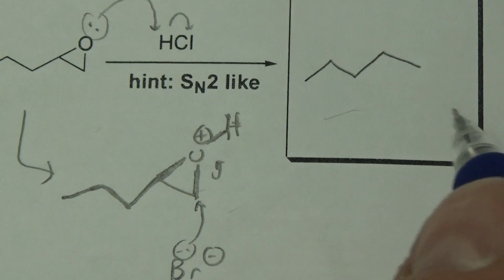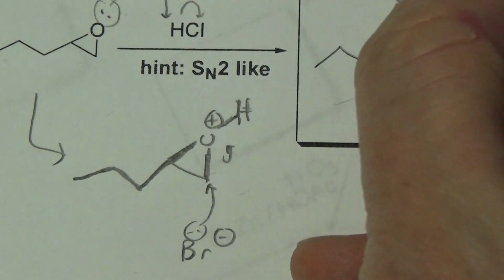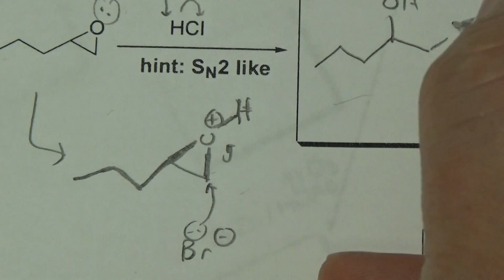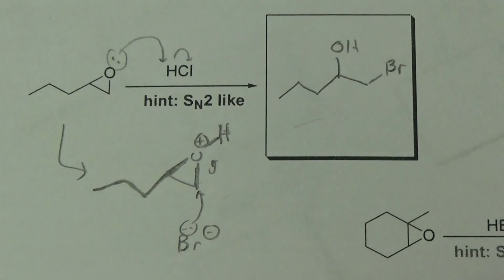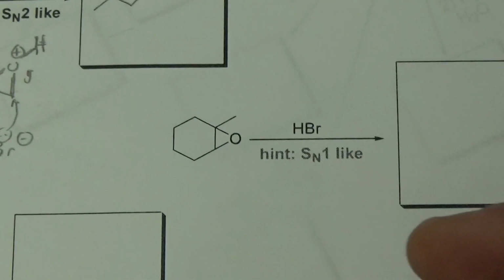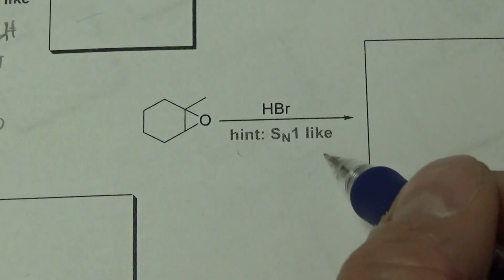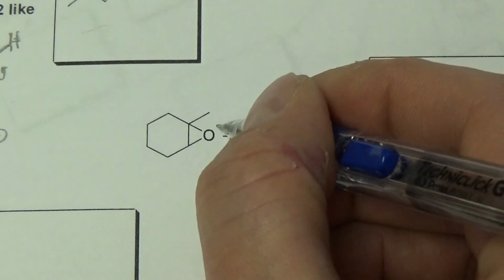Where of those, if I call them 1 through 4, where's the oxygen? It's on number 4. The Br is on the 5, assuming that numbering system. Cool. That was Sn2-like. Now if you have a tertiary side to the epoxide and an acidic nucleophile, it's going to be Sn1-like. So how's that look?